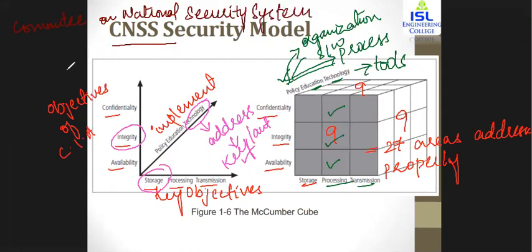The name NSTISSC was converted to CNSS. So in here, the NSTISSC model or the CNSS security model, this is going to be the same. NSTISSC is equal to the CNSS security model or the McCumber cube.